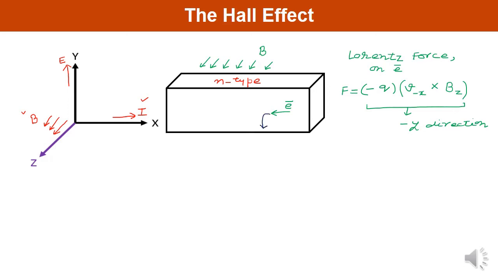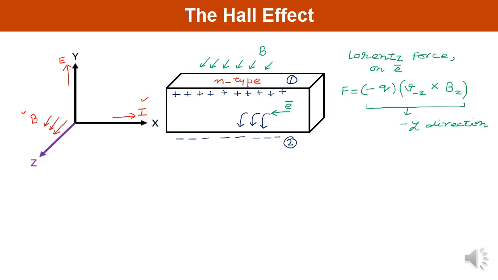If this is the first face and this is the second face, the electrons will deflect towards the bottom face. So this side of the semiconductor bar will be negatively charged because the electrons are bending towards down, and the topmost layer will be positively charged. This happens because of the force exerted on the electrons.